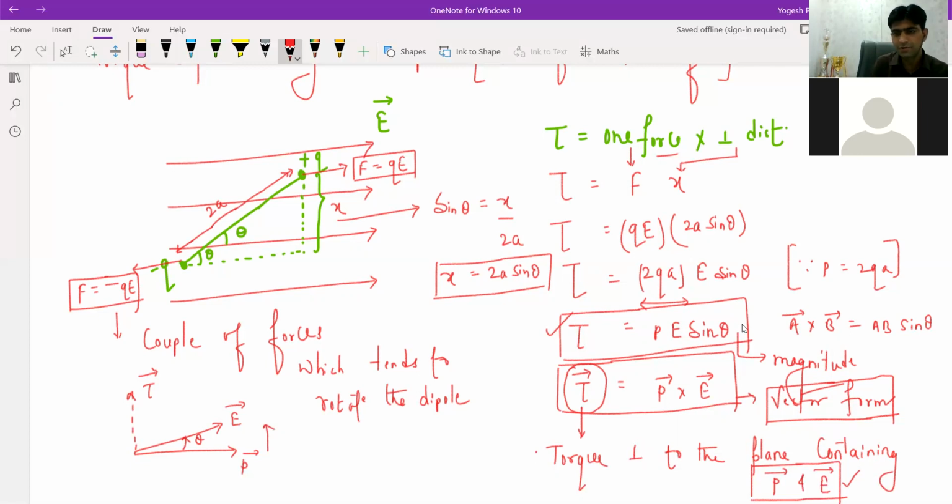So this is the magnitude, tau is equals to P E sine theta, and this is the direction. Torque is perpendicular to the plane. It is mentioned in this diagram that it is perpendicular to the plane containing P vector and E vector. Any doubt up to this point?